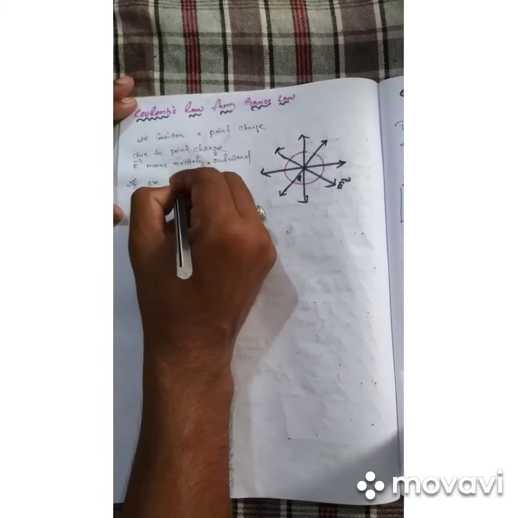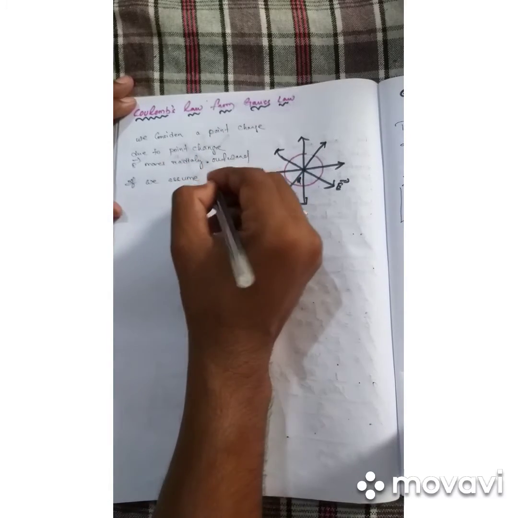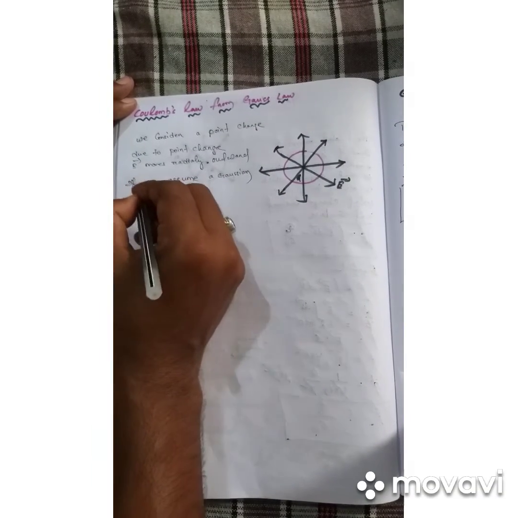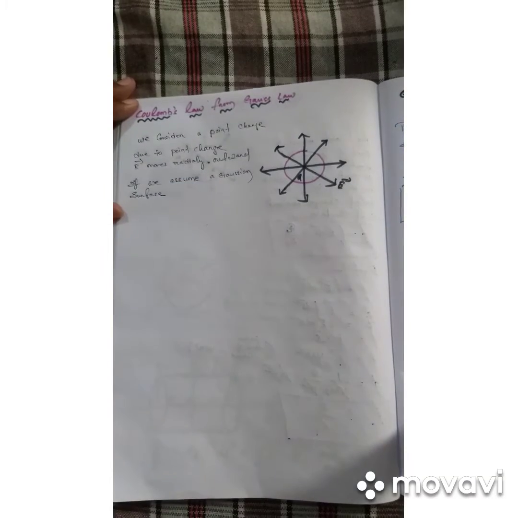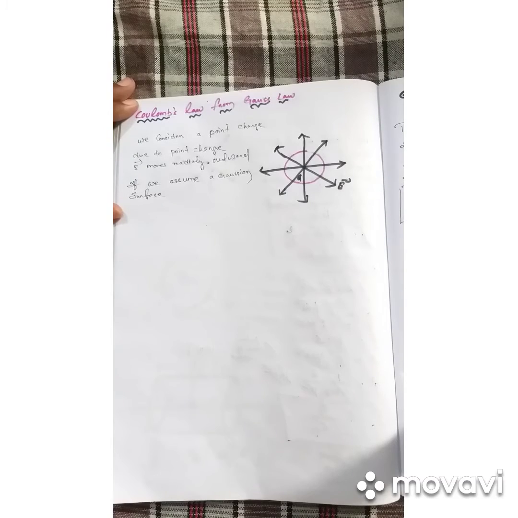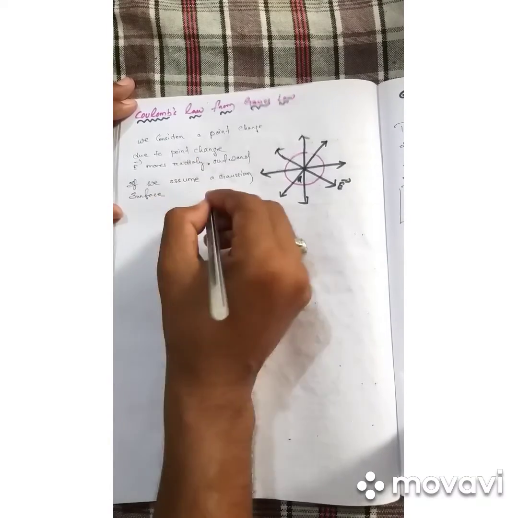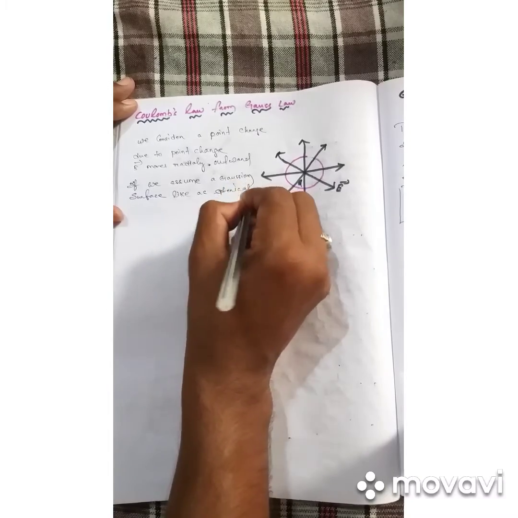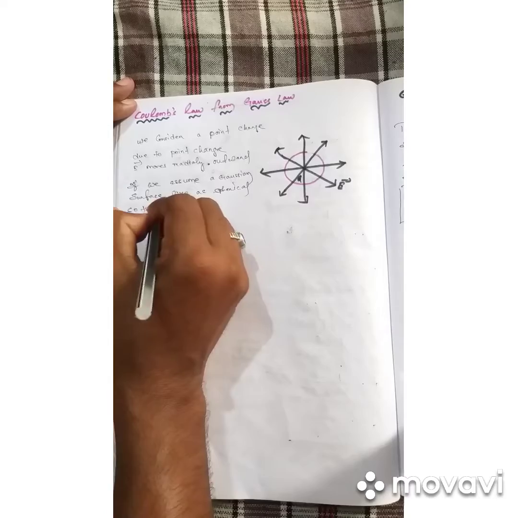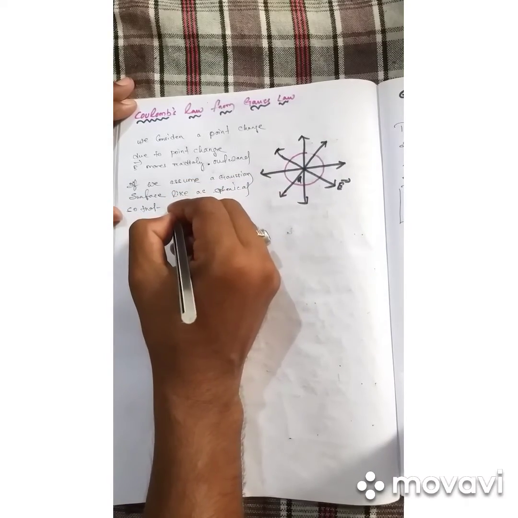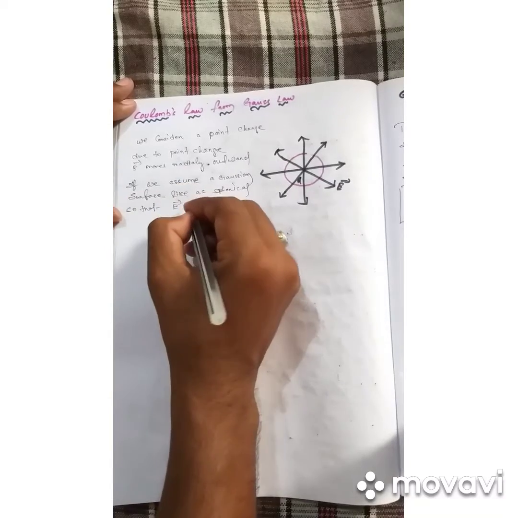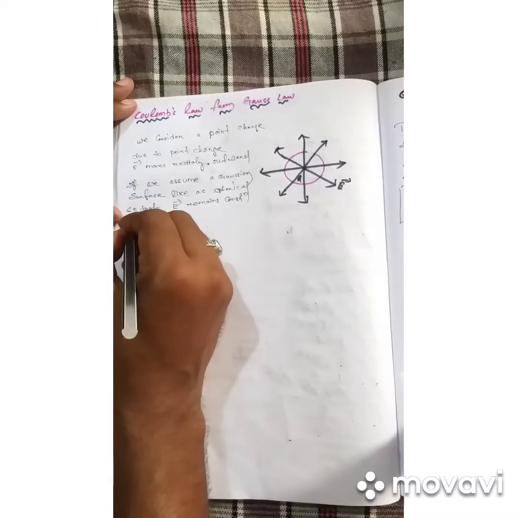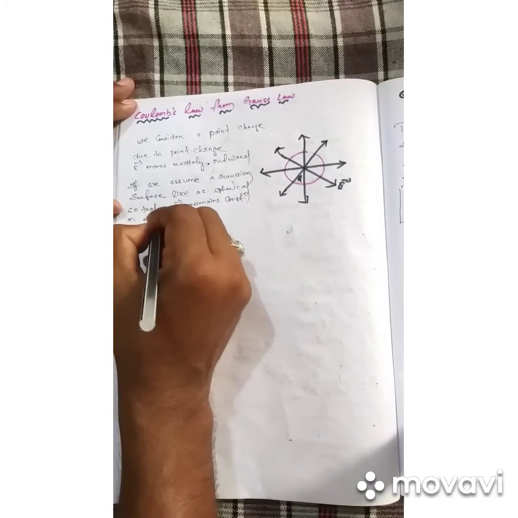If we assume a Gaussian surface like a spherical one, so that the electric field intensity remains constant on that surface.